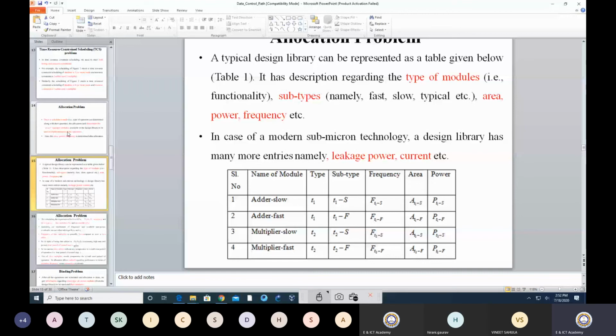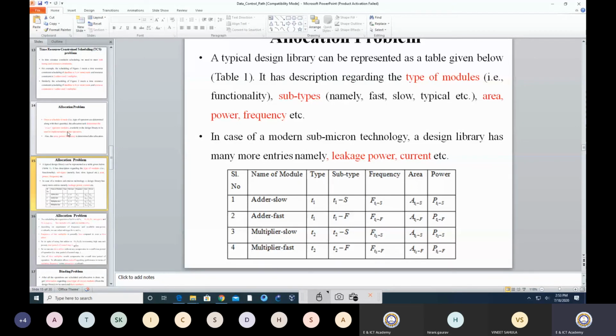T1 is for adder, S is for slow, so T1S indicates a slow adder. Similarly, just below that, T1F: T1 is for adder, F is for faster, so T1F defines the faster adder. T2S, again T2 is for the multiplier, so T2S is the slowest multiplier. T2F means the fastest multiplier.